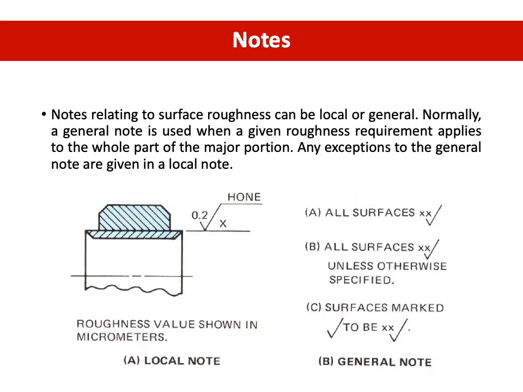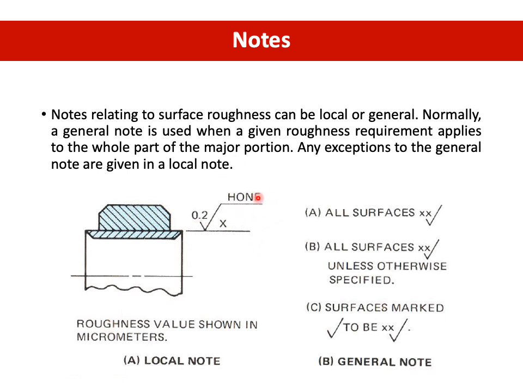And then these are the notes. The notes relating to the surface roughness can be local or general. This is the local surface roughness note, where you put a point here. It shows here, this is local, right? X hone. So the roughness value is shown in micrometers.